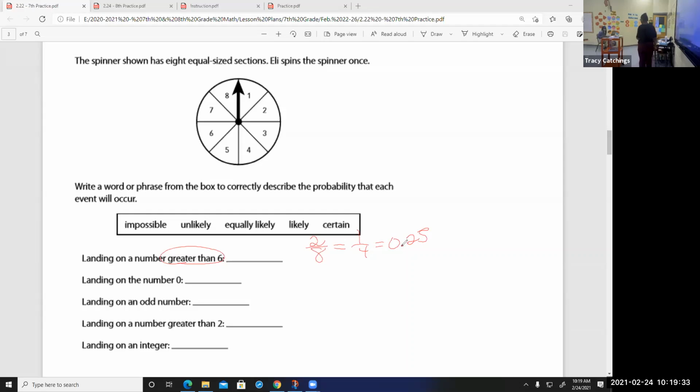A fourth or a quarter? So what label can I put with it? Unlikely. It's between 0 and half.